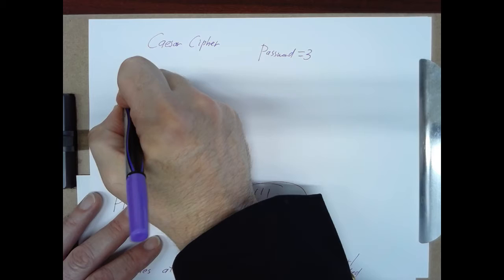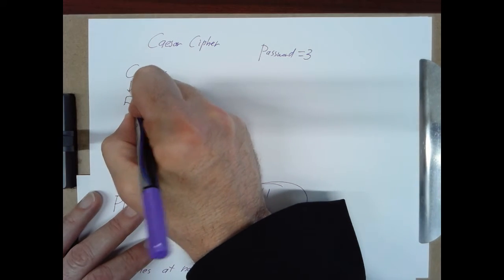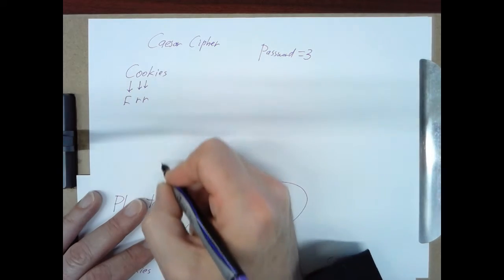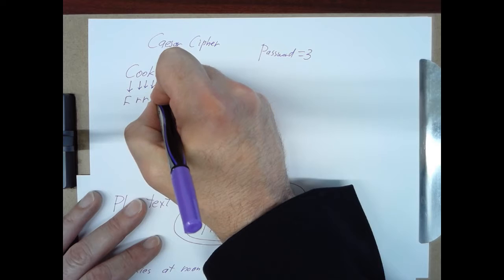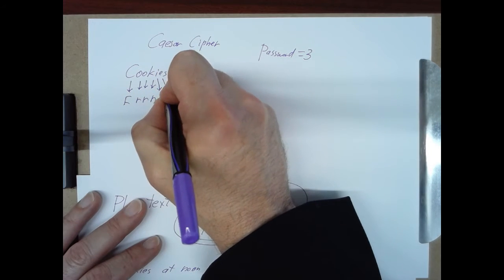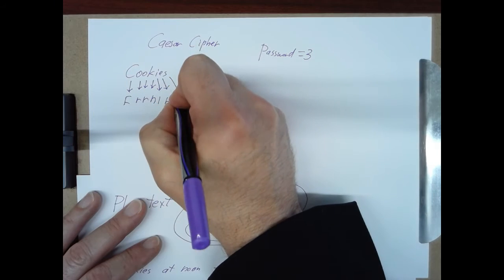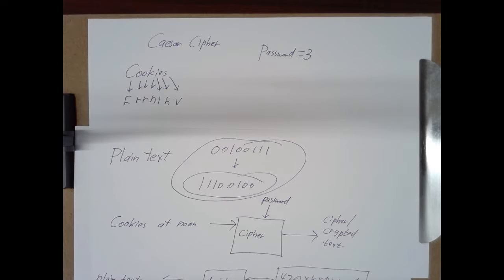So C becomes an F, O becomes an R, O becomes an R, K becomes an N, I becomes an L, E becomes an H, and S becomes a V. Is it a T?